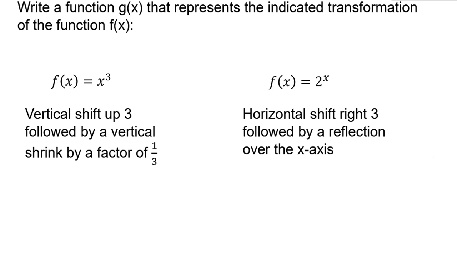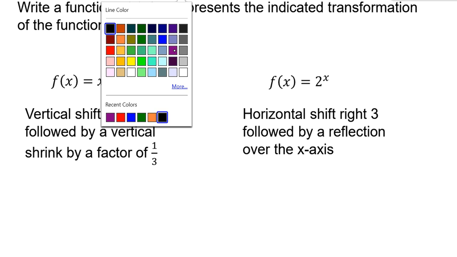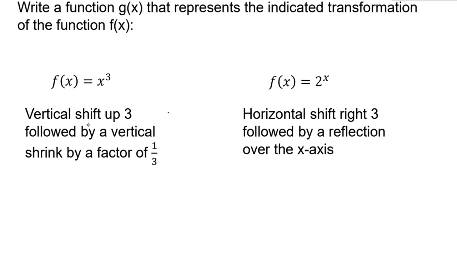Okay. This next one, that is the cubic function. And we've got to do a vertical shift up 3. We're going to go up 3, which by now you should have that memorized. You're going to add 3 outside. So just on the end of the function.